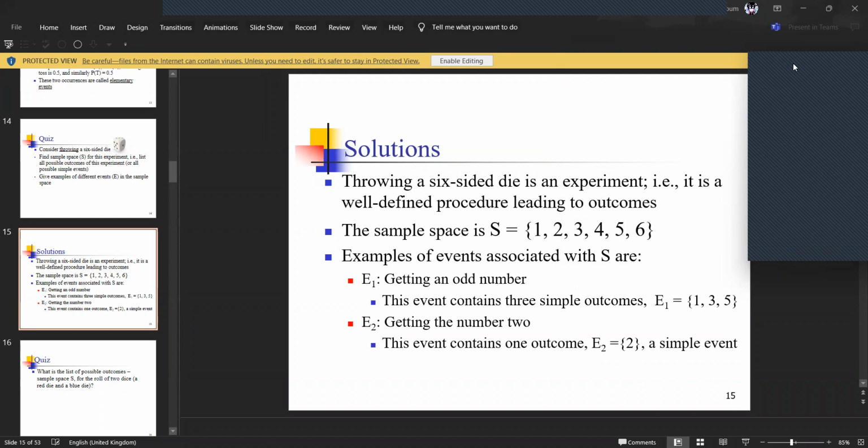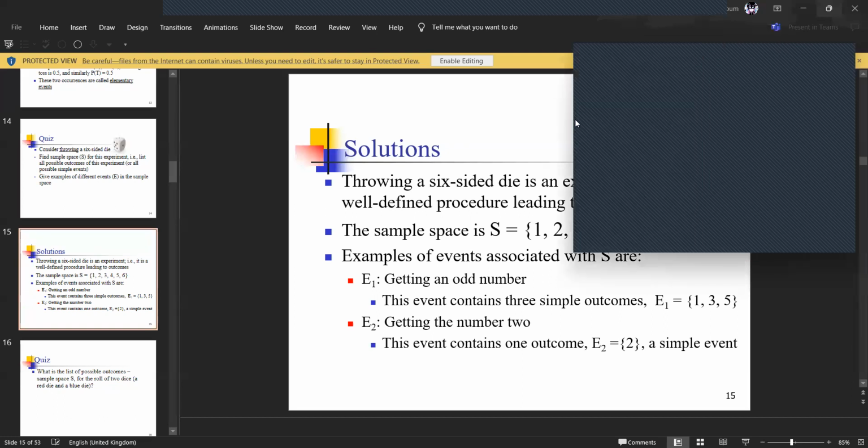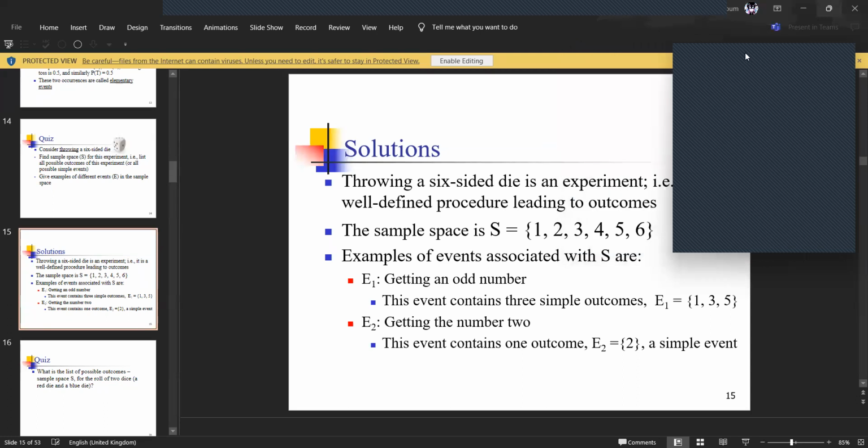So anytime you get specifically 2, that's a simple event, and stuff like that. The point is that unique outcomes are each their own simple events. All right. If you have an event that contains more than one unique outcome, then it's not simple. Okay. Hope that clears that up.